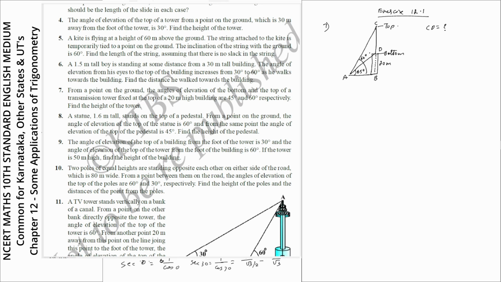So before finding CD, I'll find AB. To find AB, now what is tan of 45 degree? With respect to angle A, tan of 45 is opposite by adjacent, that is BD by AB. What is the value of tan of 45?